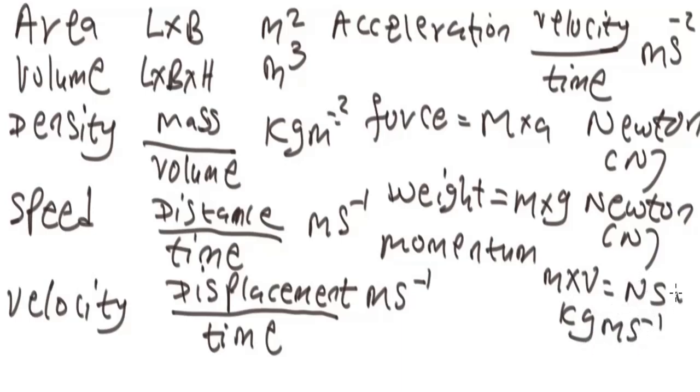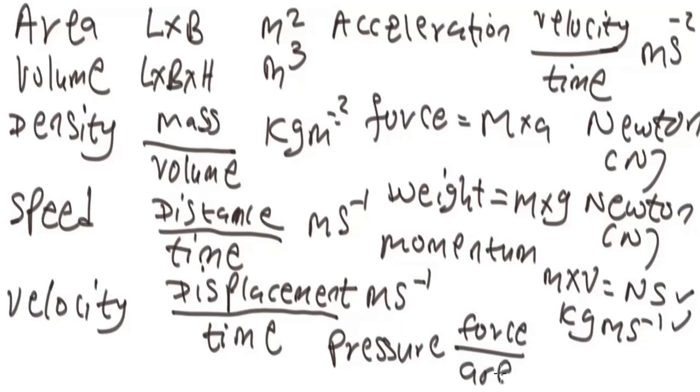So any of these can serve as the units of momentum. Alright, we also have our pressure. Pressure is calculated using force over area, and the unit of pressure is Pascal. You can also have other units, but the common unit is Pascal.